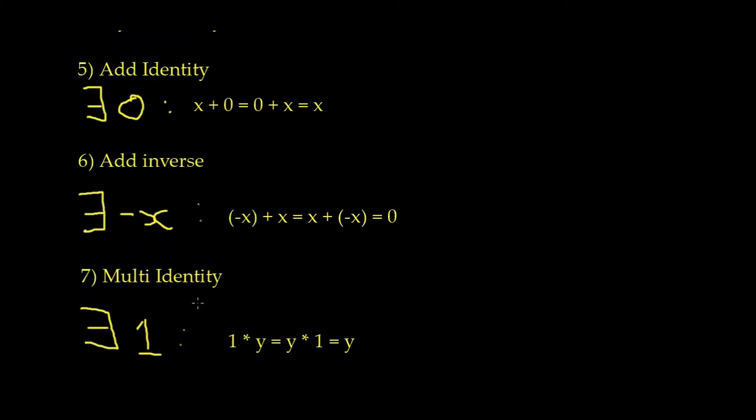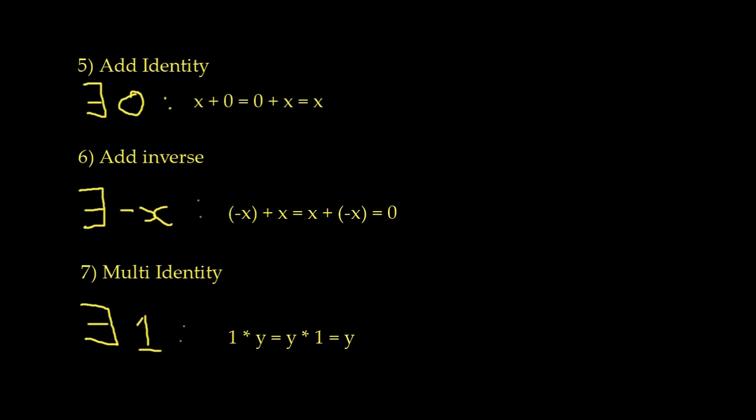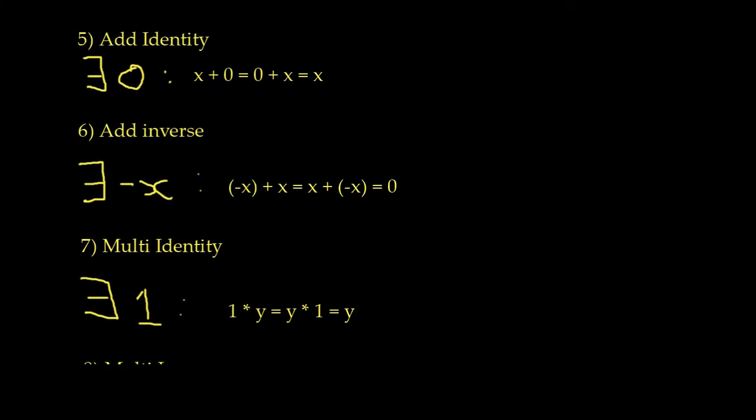Now, these you most likely haven't seen before, but they aren't very difficult. I'll just go through the mathematical notation quickly. This backwards E means there exists. So the add identity, but before I go further, identity in math usually means you will get the same answer as you started with.